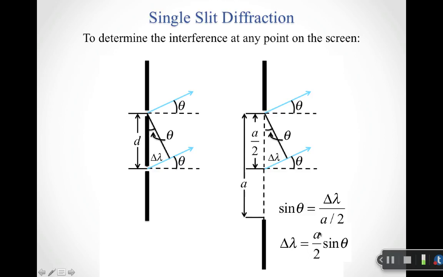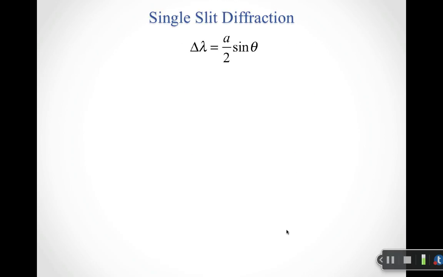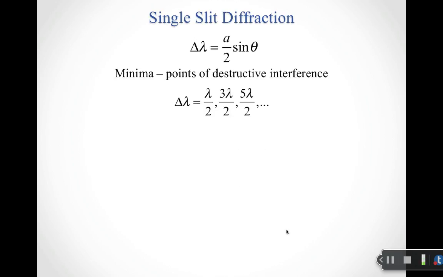And so the path difference is just going to be a over 2 times sine theta. If what we're interested in is points where we get cancellation, a diffraction minimum, then I'm going to take this path difference and say that those minima occur because I've got destructive interference, which means I need path differences equal to half a wavelength, or 1.5 wavelengths, or 2.5 wavelengths.